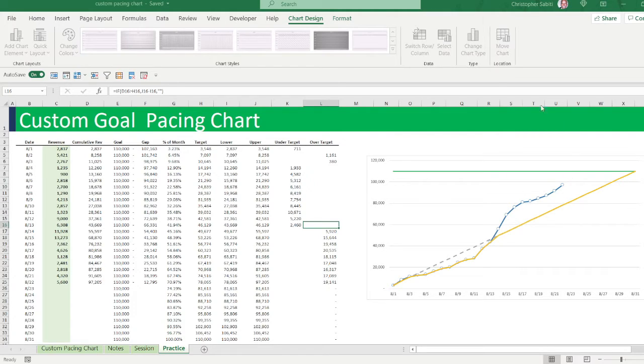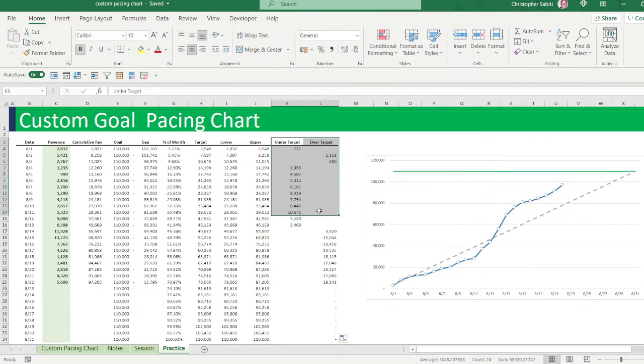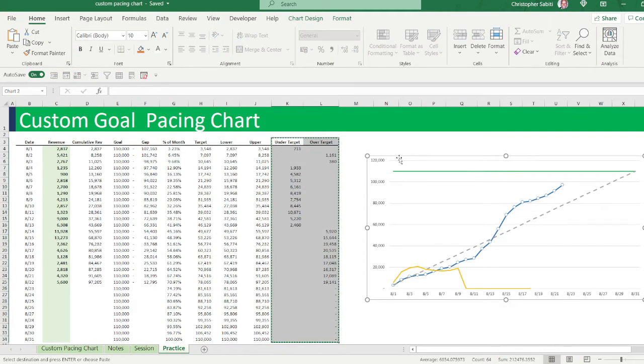Then I do another one, that is I'm adding the under target, under and over. There is another option: if you don't use this option, you can always select these two up here, copy them, then select the chart and paste.